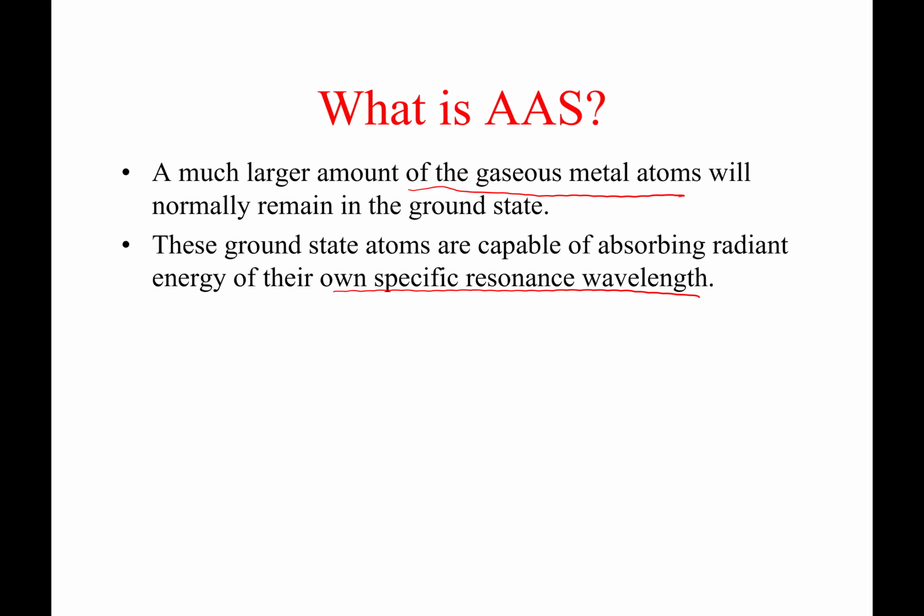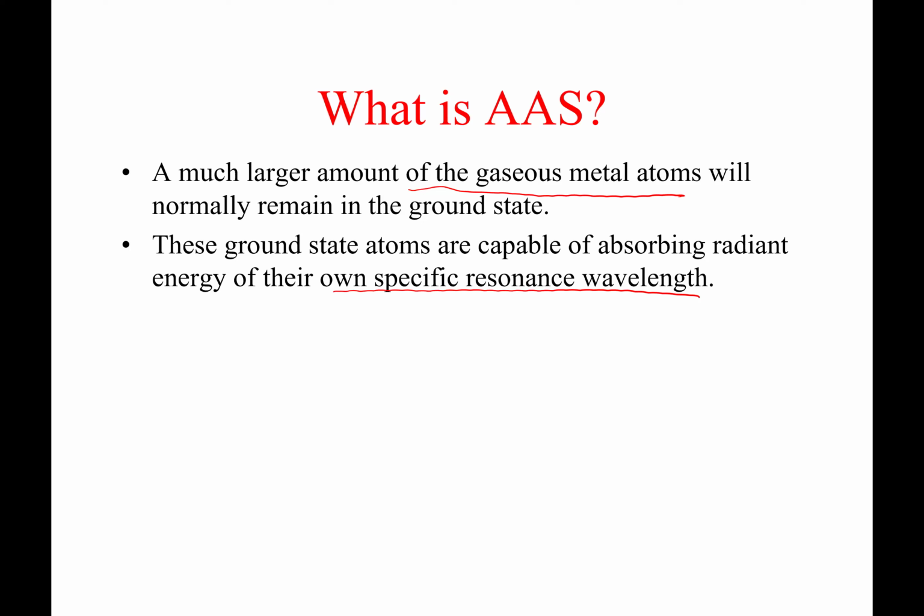If it is sodium, it ends up in 3s1. So you would excite that electron from 3s1, it can go to 3p, it can go to 3d, it can go to 4p. So those are numerous lines that you can choose from, okay? And each line corresponds to a particular energy, like we say, E equals hc over lambda.